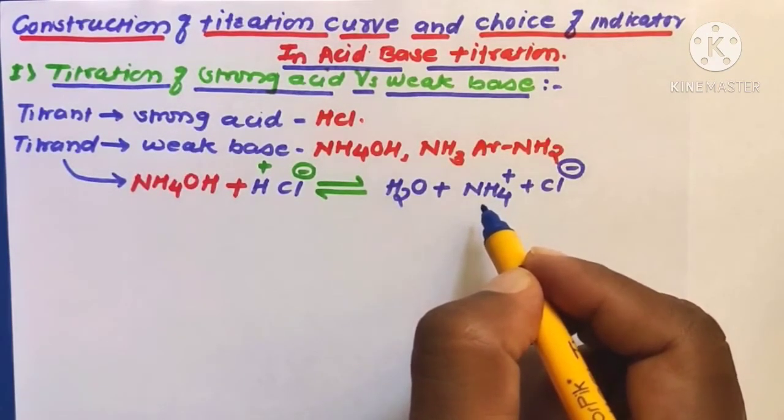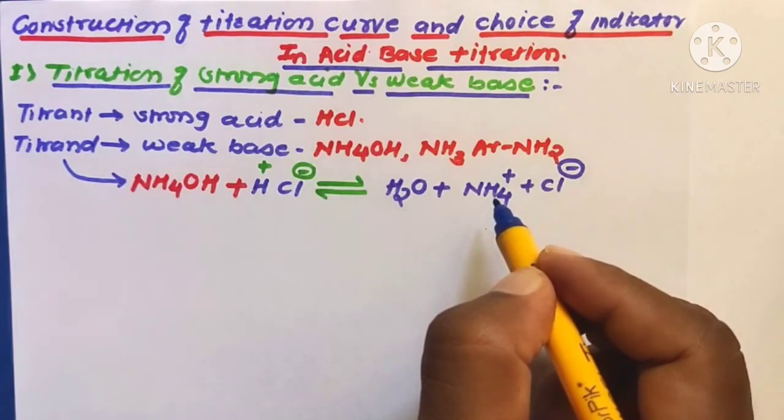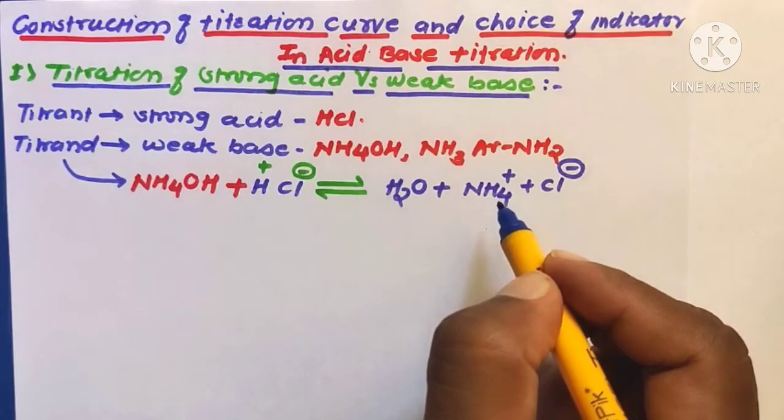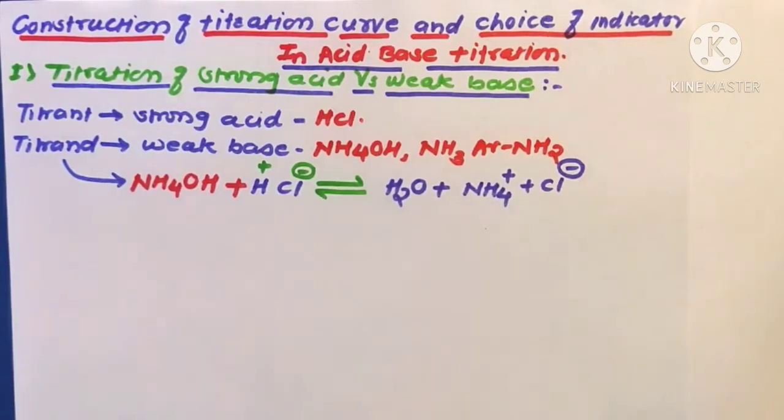The exact pH value can be calculated by considering the hydrolysis of the salt and the concentration of the salt formed at the equivalence point. After the equivalence point, when excess acid is added, the pH is determined only by the concentration of excess hydrogen ions.